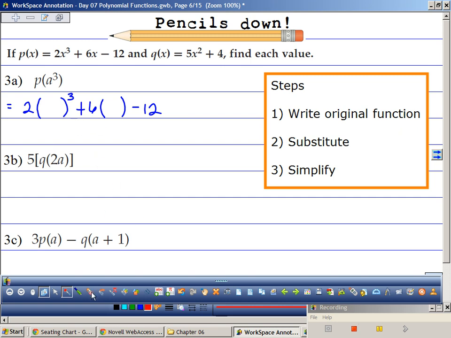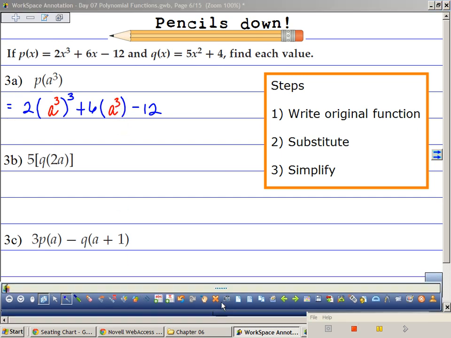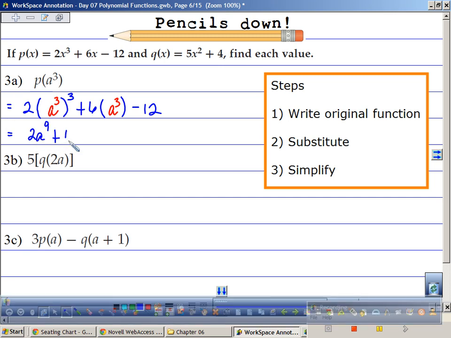Well, what does this particular customer want to plug in for x? A cubed. Simple enough, right? So if we substitute in a cubed into this function, we will get 2a to the 9th plus 6a cubed minus 12.